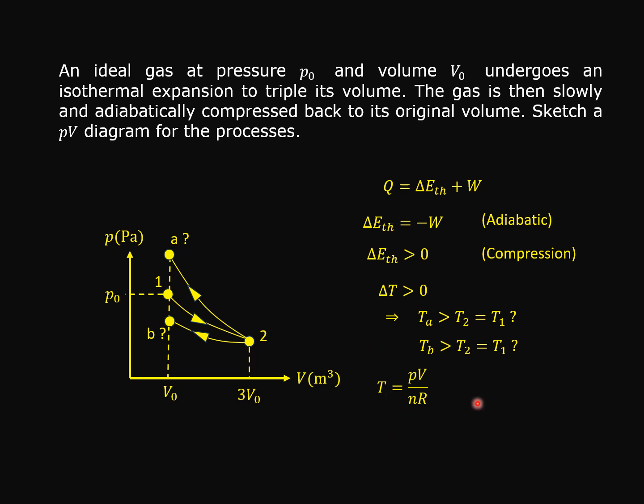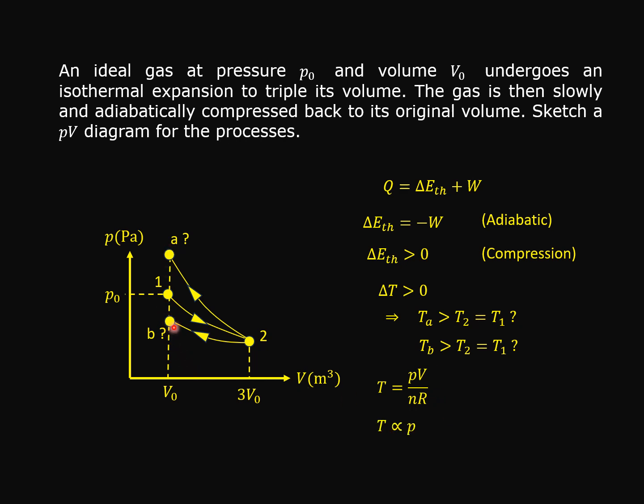But from the equation of state, or ideal gas law, we know that temperature is equal to PV over nR, where n is the number of moles of the gas, R is the gas constant, P is the pressure of the gas, and V is the volume of the gas.